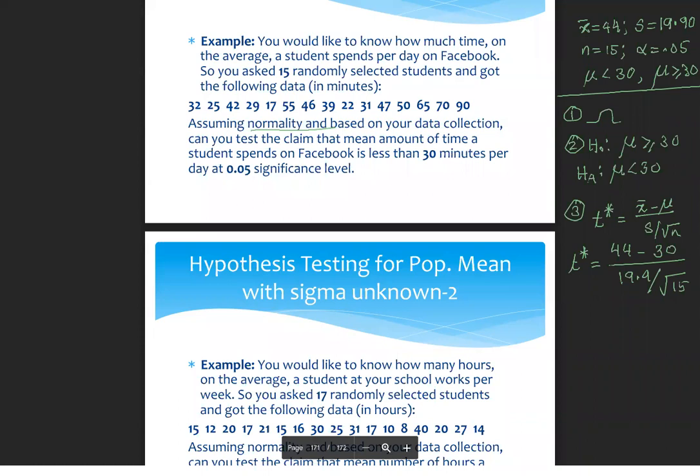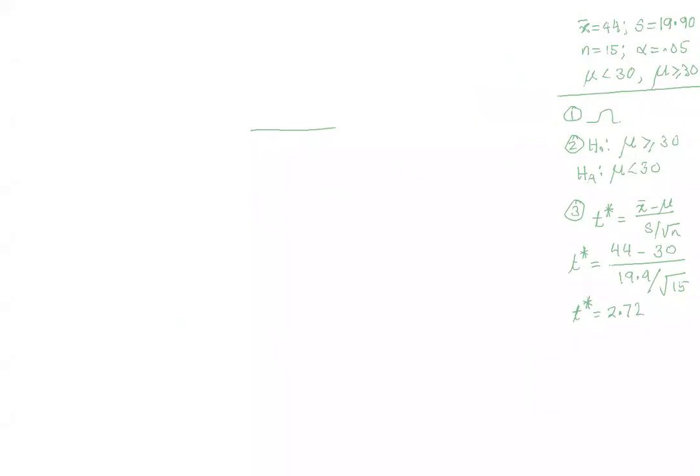So if you do the math, what do you get? 14 divided by 19.9 over square root of 15, 2.72. Your T star is equal to 2.72. Now, let's go ahead and do the critical region part. We're going to find the critical values for T distribution.